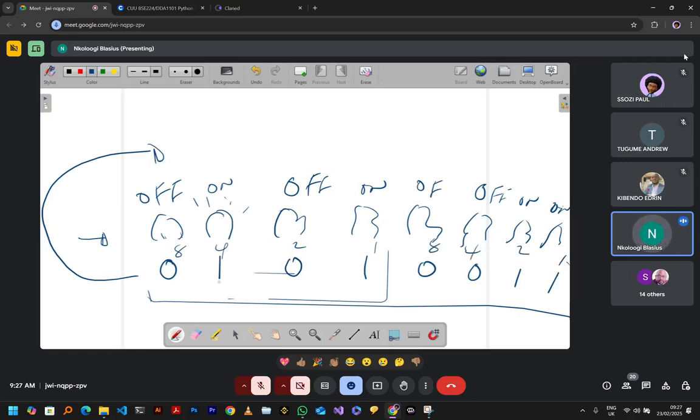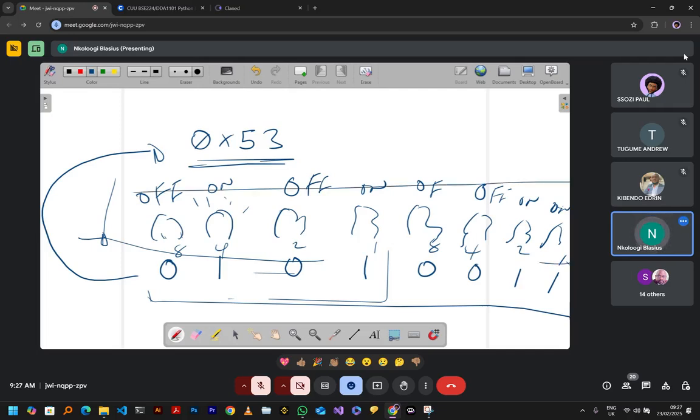Then I would have this is 5. It is 53. So as a data scientist, you may need this kind of data, but you are just given a scenario where you have signals on an electronic circuit.